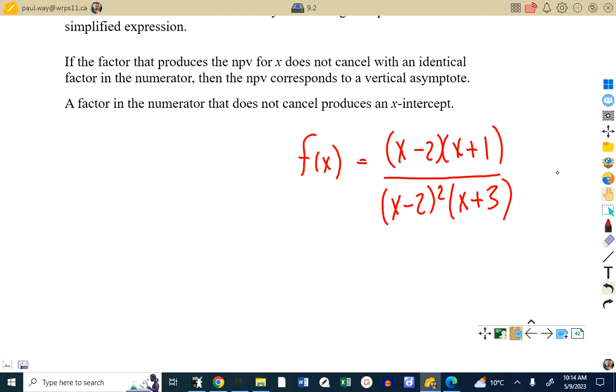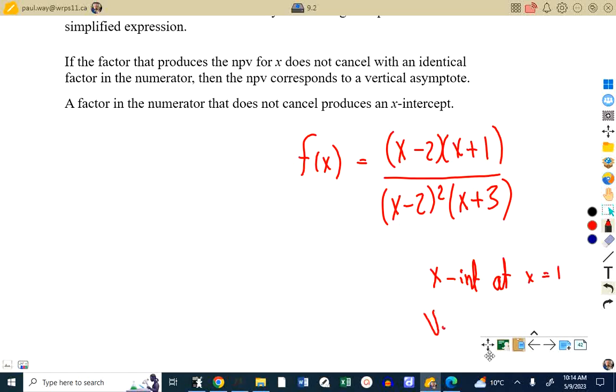There will be, so I'm going to write this down, an x-intercept at x equals -1. I hope everybody is clear that this is going to be the case. Now, will you have an x-intercept at 2 because there's an x minus 2 in the numerator?